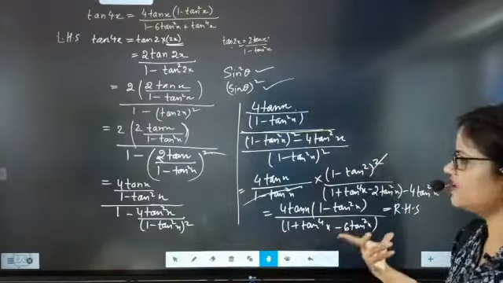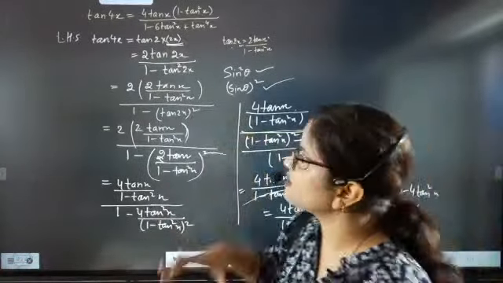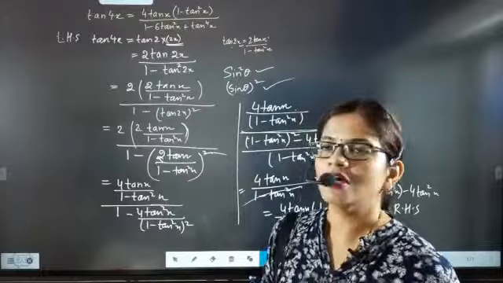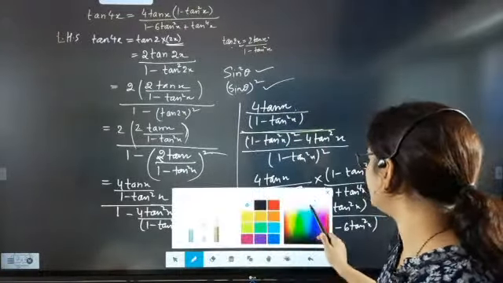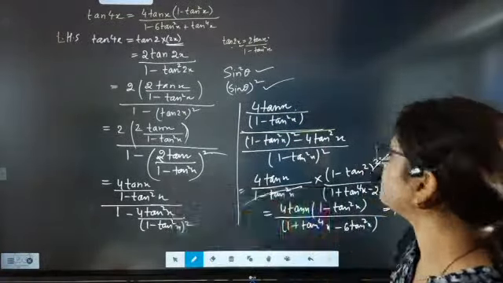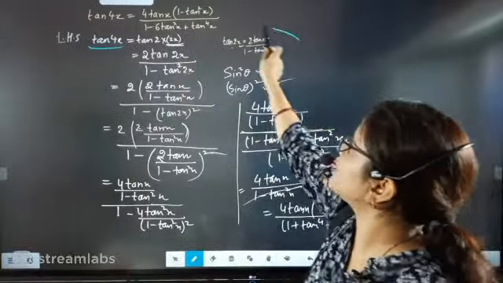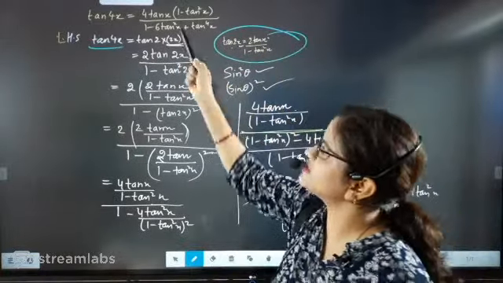Understood? So this is what we have delivered also to them, but only in our own cost. We know what we can do. So first what we have told, okay, we are going to start from this section. We told that tan 4x can be written as 2 into 2x, and then we used the tan 2x formula. Instead of x, only one thing is there, 2x.